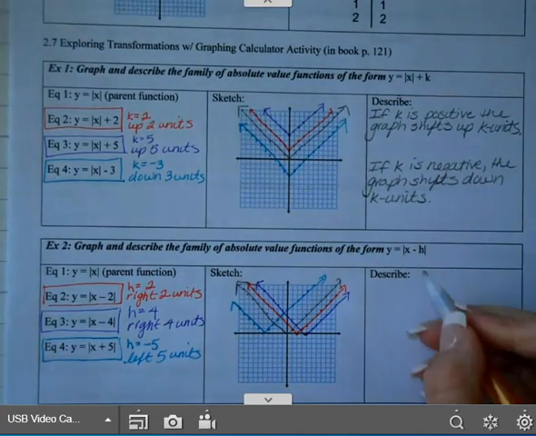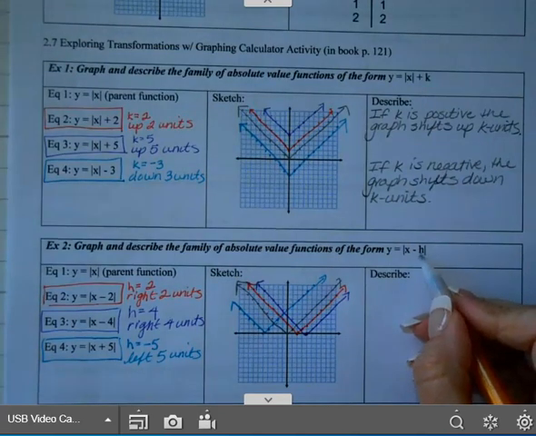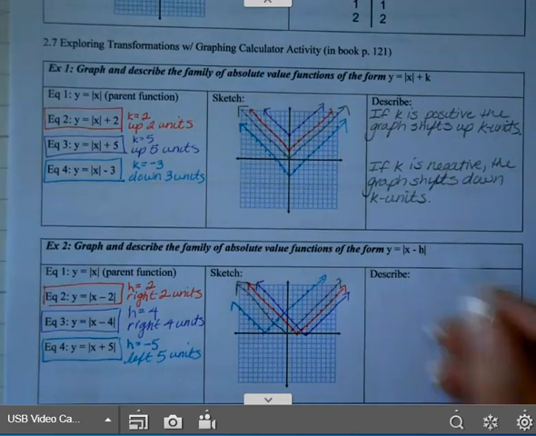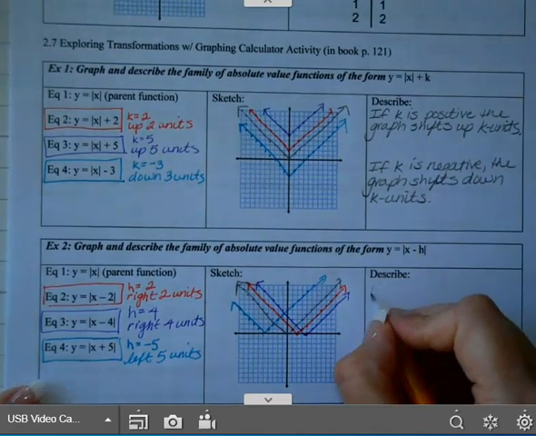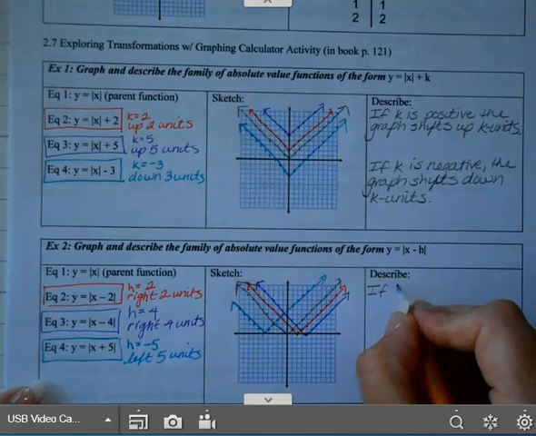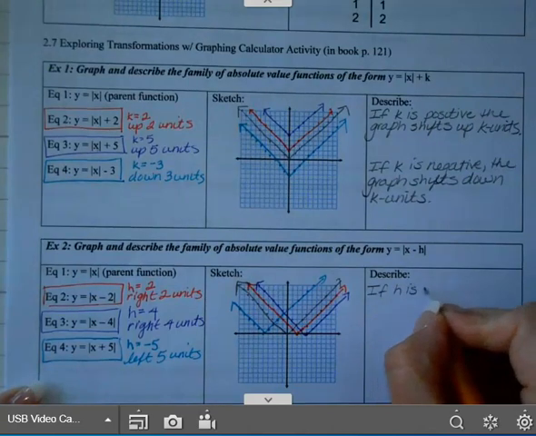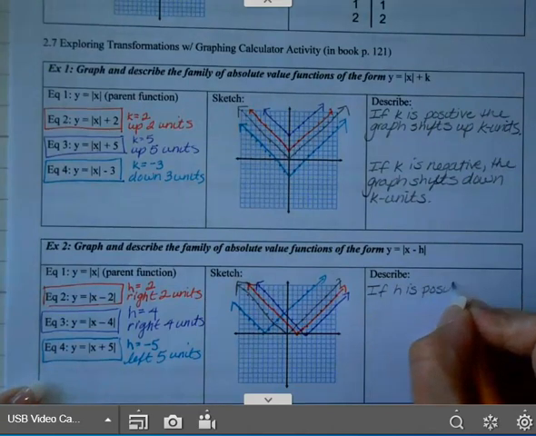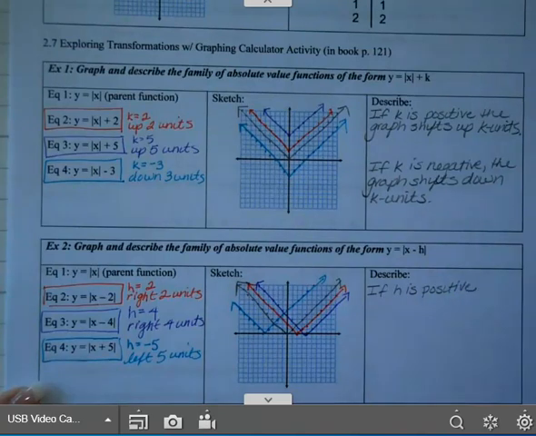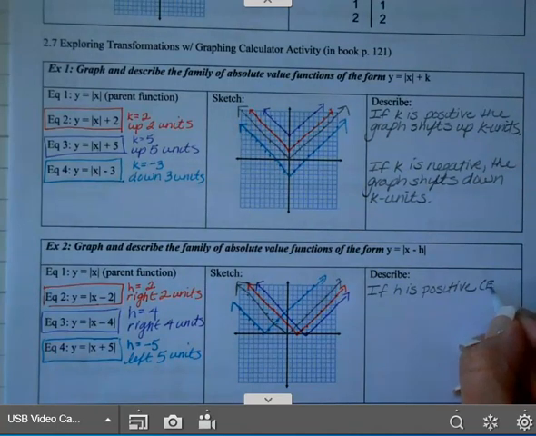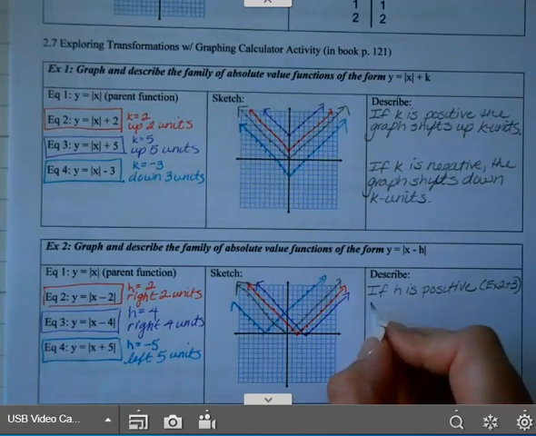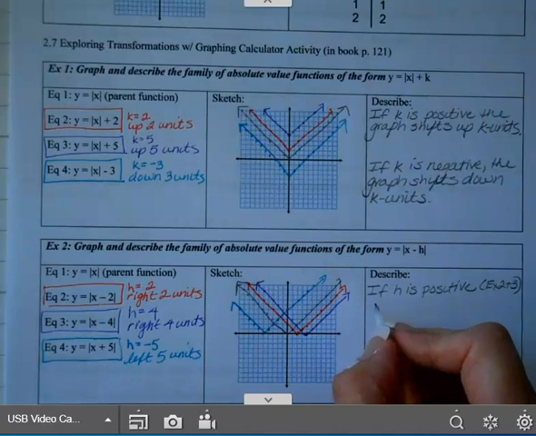Describing what happens when adding or subtracting inside the absolute value: if h is positive, so that's like example 2 and 3, that moves the graph right h units.